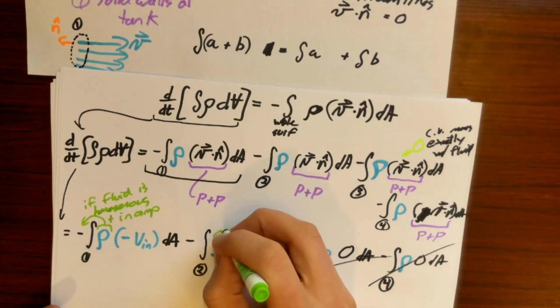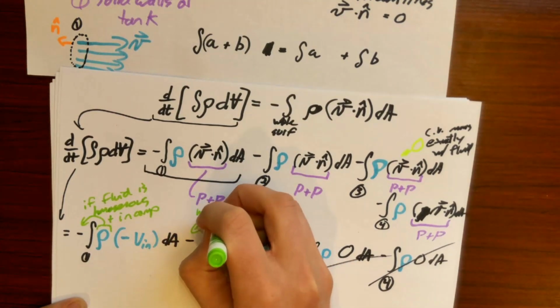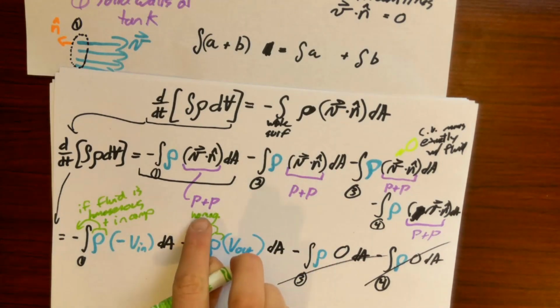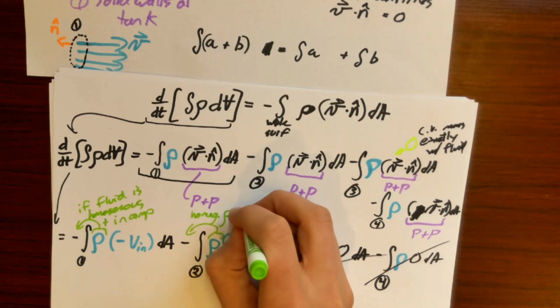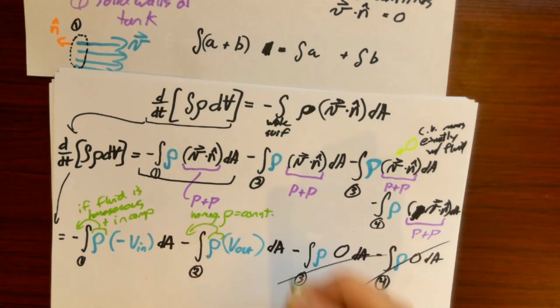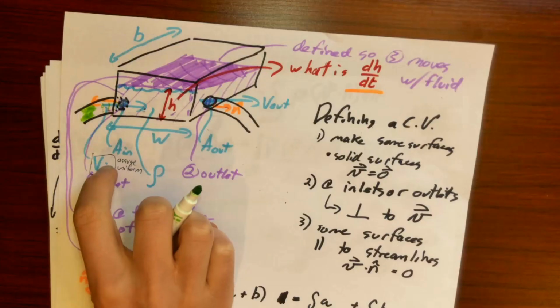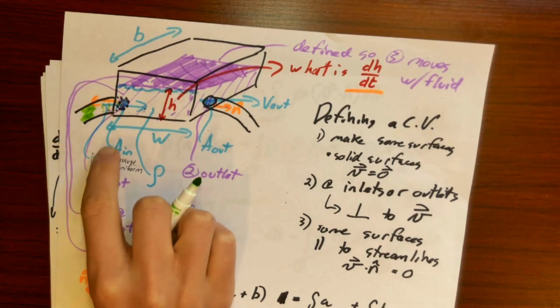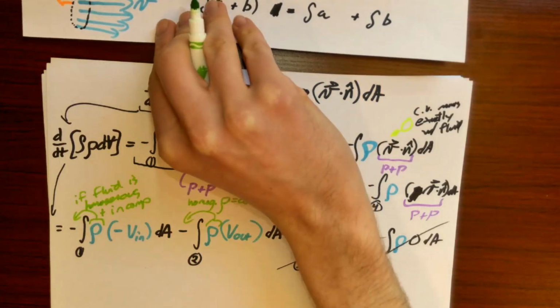And we could make the same argument here. If we have a homogeneous fluid, then density equals a constant. We can make further simplifying assumptions. If you look back, we said we're going to assume that across this inlet, our velocity is a constant.